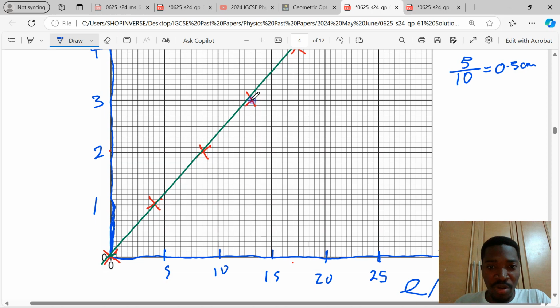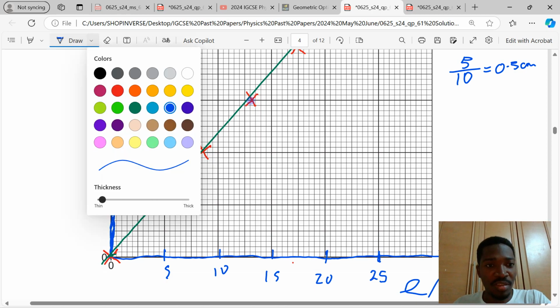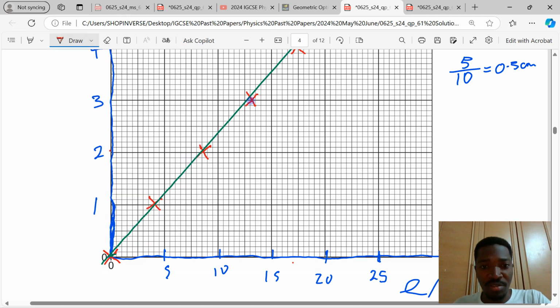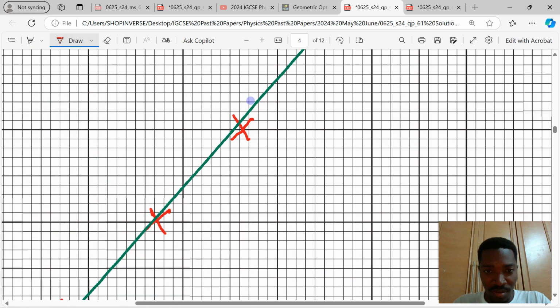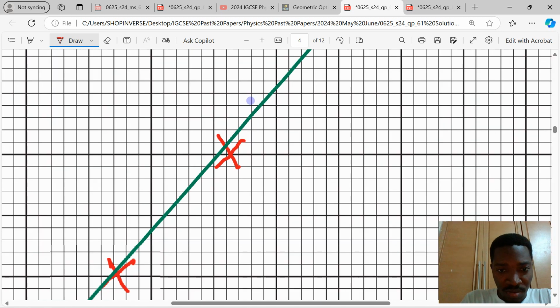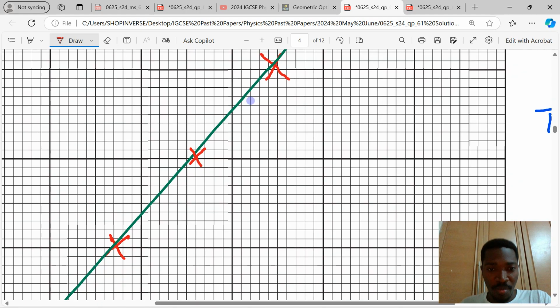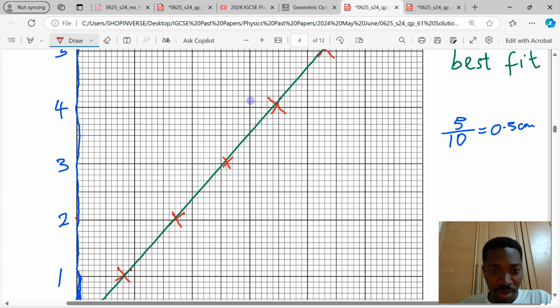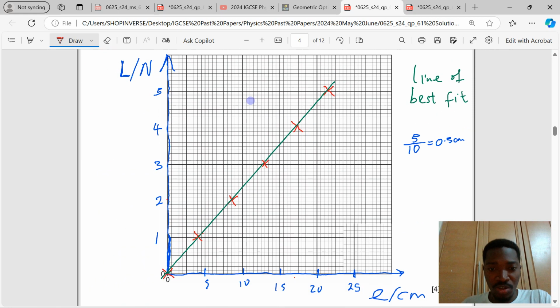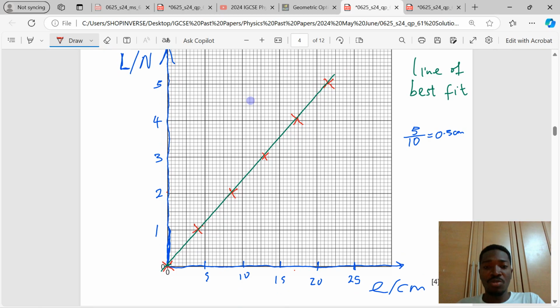That's why I placed my point here. Let me see if I even did that correctly. So I place the point here. Yeah, that's it. You have to be very, very careful when placing your points to ensure you don't make any mistake. So that's how I got every other point.